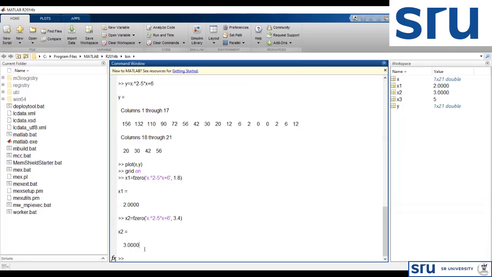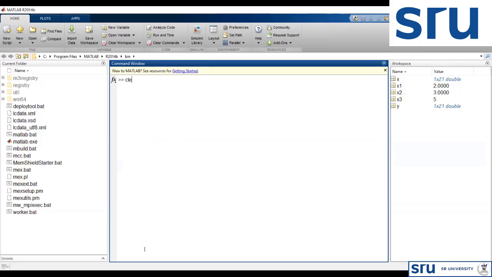Now I will clear the screen with clc, and then clear all to remove all the variables. Now coming to the other method, direct anonymous function. In that case, you have created one anonymous function, written with at the rate of x, then your function value.